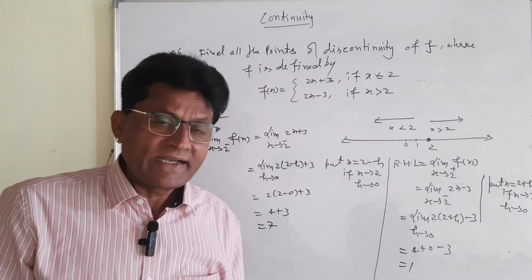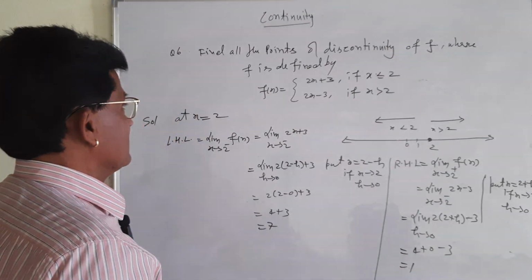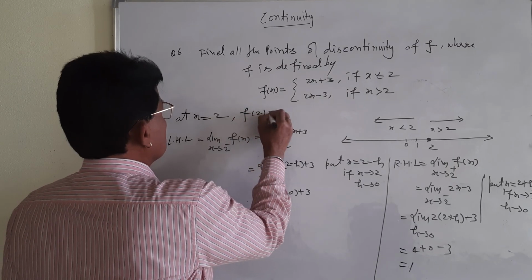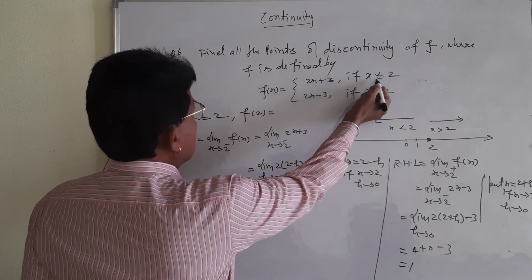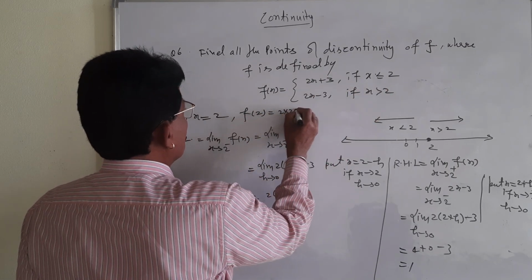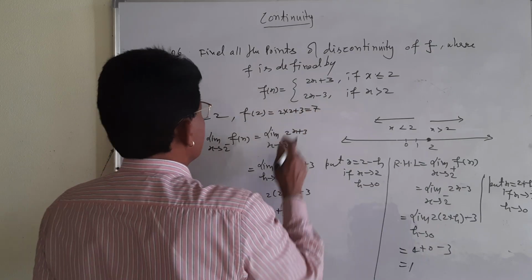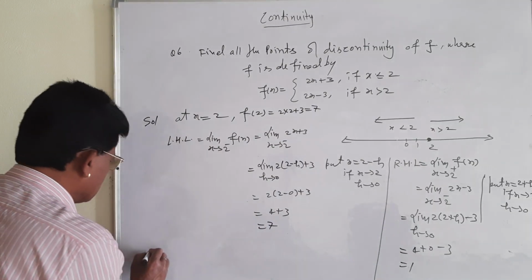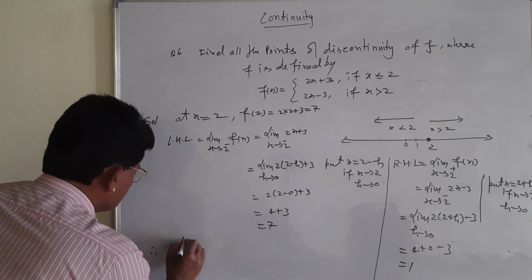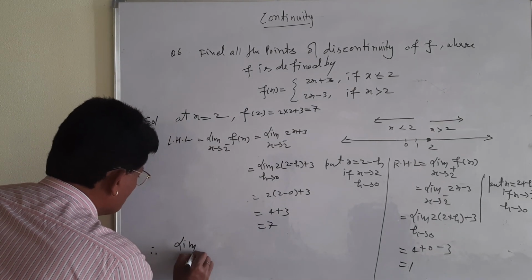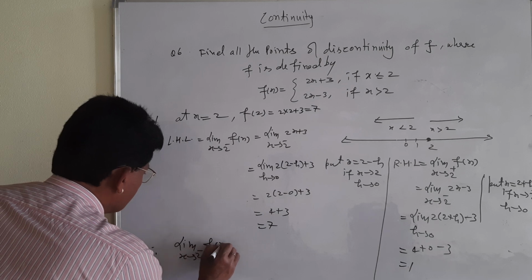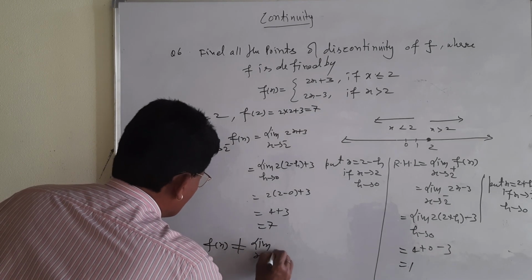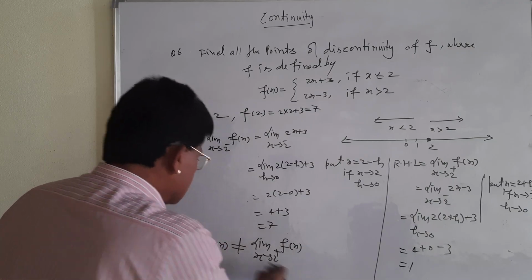Is the left hand limit equal to the right hand limit? No, it is not. At x equal to 2, what is the function? Here it is 2 into 2 plus 3. But the left hand limit does not equal the right hand limit. Therefore, the limit of f(x) as x tends to 2 from the left does not equal the limit as x tends to 2 from the right. These are not equal.